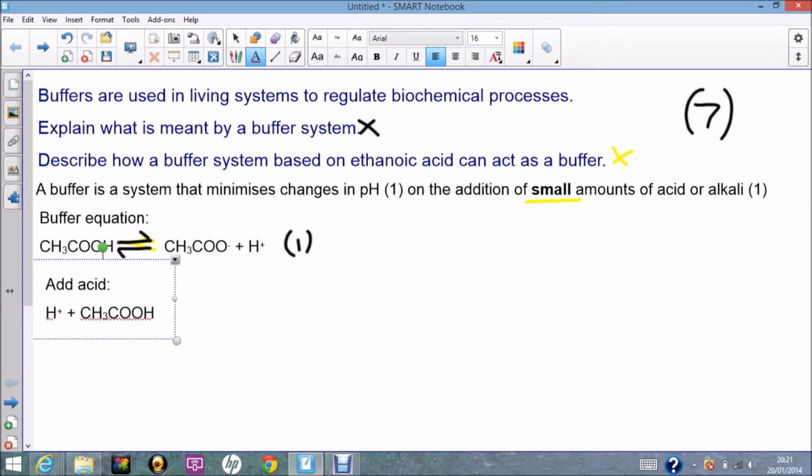And if those two things react together, then we're still going to get ethanoic acid forming. Next thing we need to say is which way equilibrium shifts. So if we're making more of this, then that means that equilibrium shifts left.